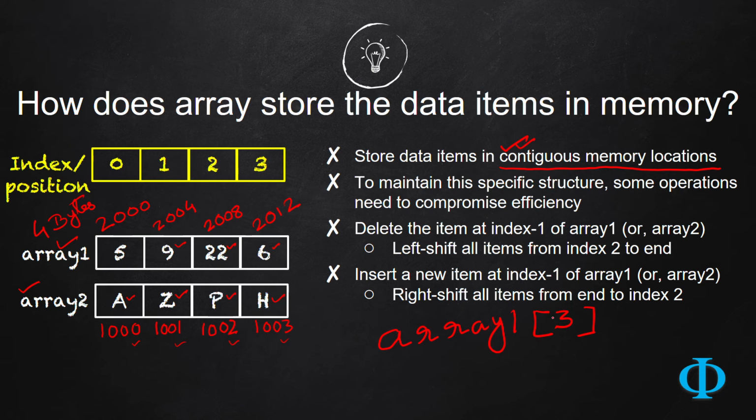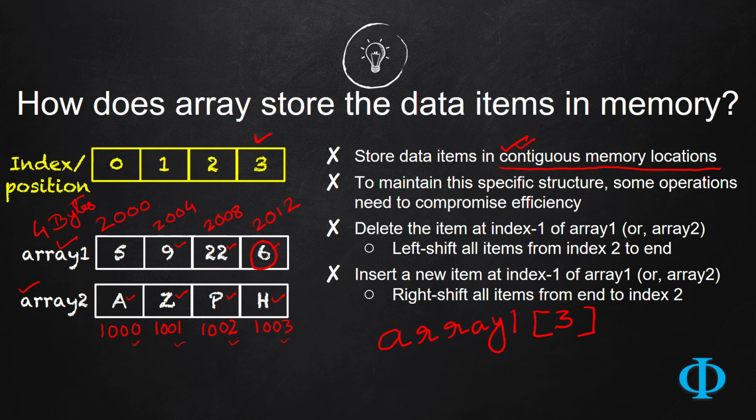Whenever you specify this, the program compiler directly goes to index 3 and retrieves the element at index 3, which is 6. So that's the major benefit. The compiler can directly go to some index and retrieve the element for you.